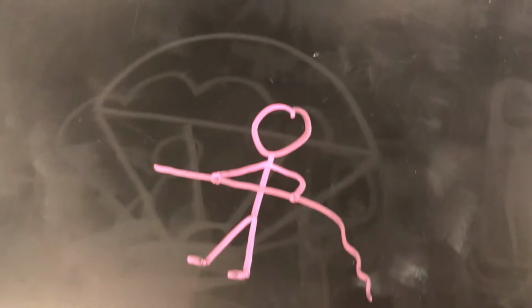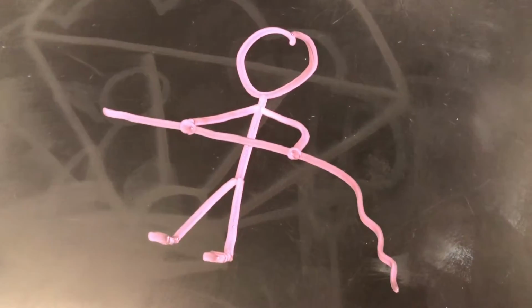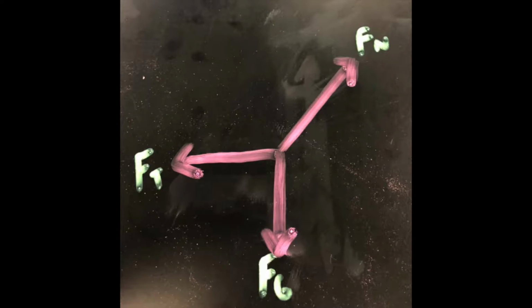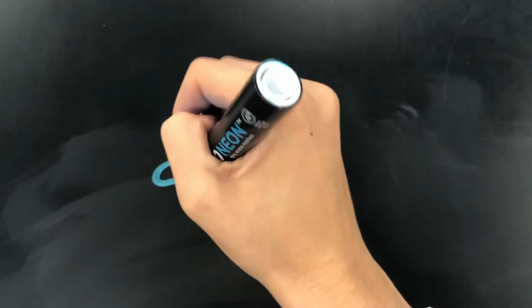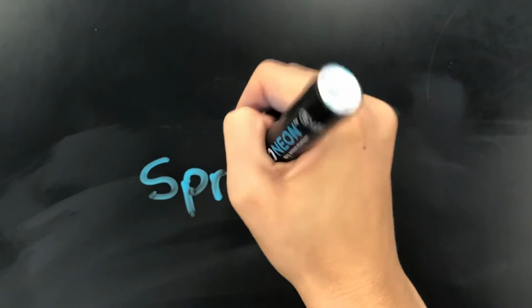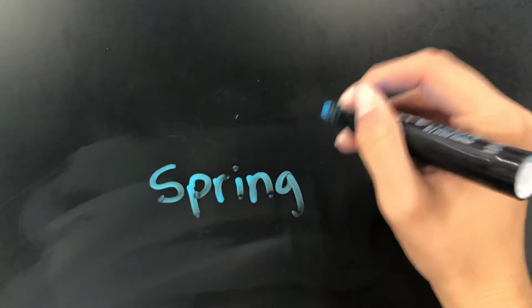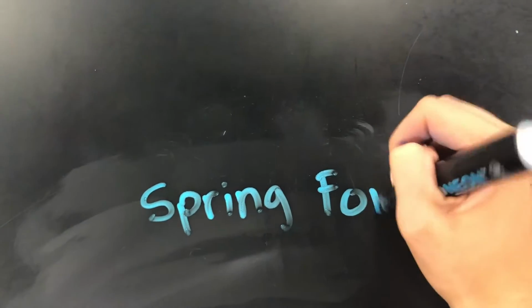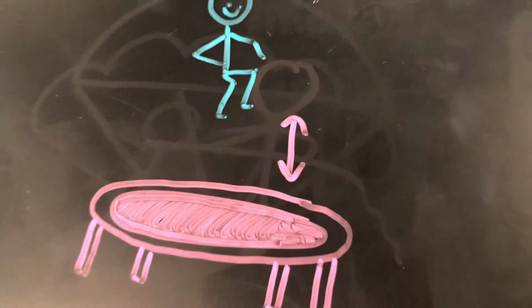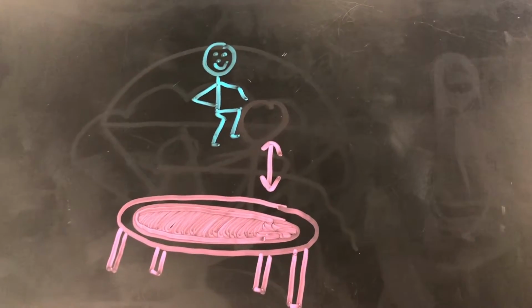An example is when a person pulls on a rope. Spring force is a force exerted by a spring or elastic material. An example is when a person jumps on a trampoline.